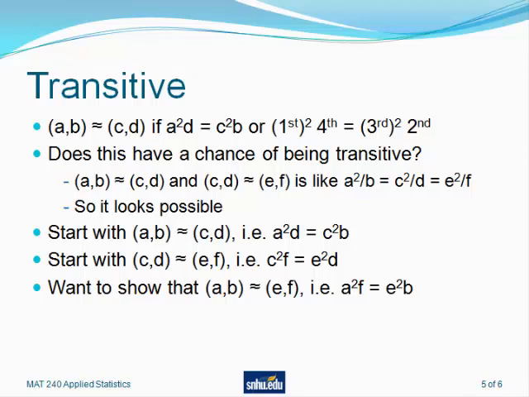Now the proof cannot use division. We haven't gotten to division of these numbers yet. We need to start with what we're given, which is AB is equivalent to CD, and CD is equivalent to EF, and somehow get to the equation for AB equivalent to EF.